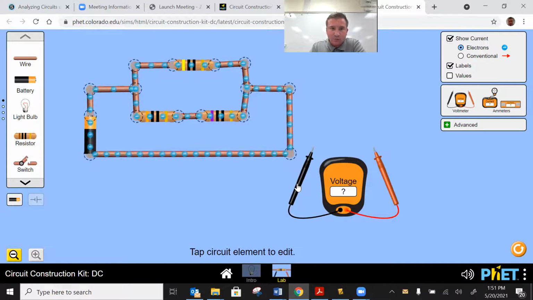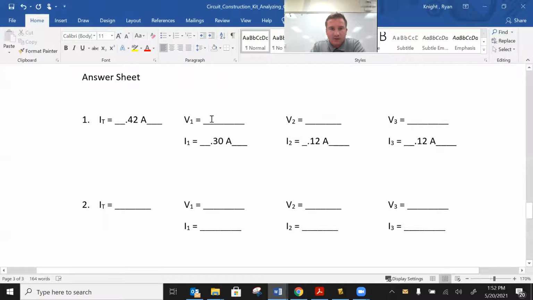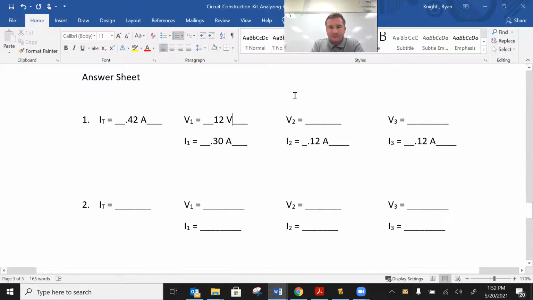To measure voltage, we put one probe on one side, the other probe on the other side, and we get the voltage. We're going to just ignore the negative sign at the beginning. So the voltage over our first resistor here is going to be 12. I'm going to come back here, voltage 1, 12 volts. Let's measure voltage 2.